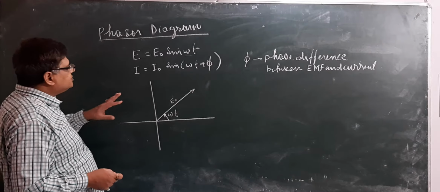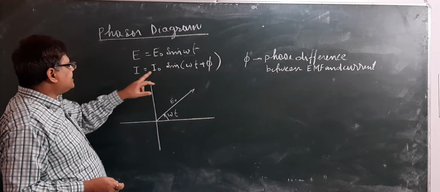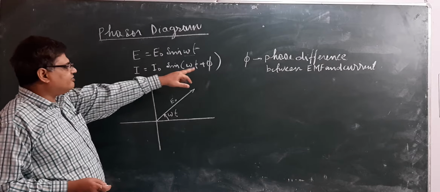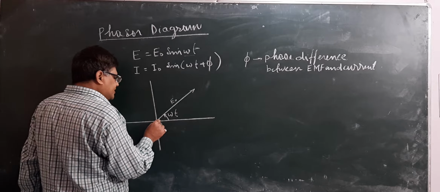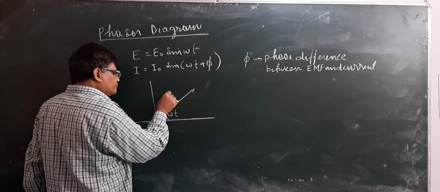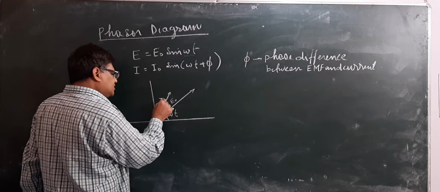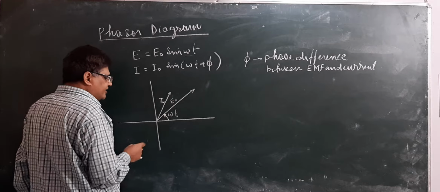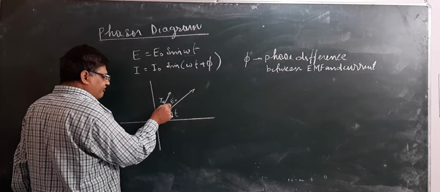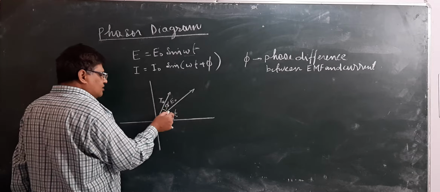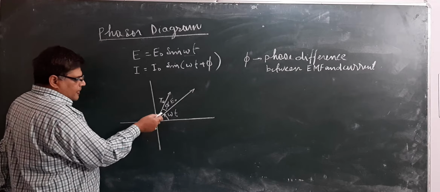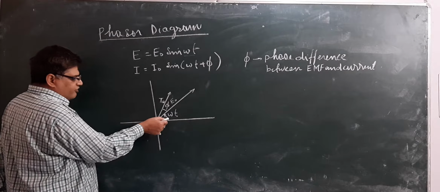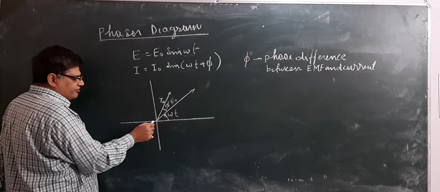Now as you see that the phase angle between current and EMF is phi, so I naught can be represented like this. This is the length of the peak value of current, and this is the angle phi between the current and the EMF. So this vector makes an angle of omega t plus phi with this axis.